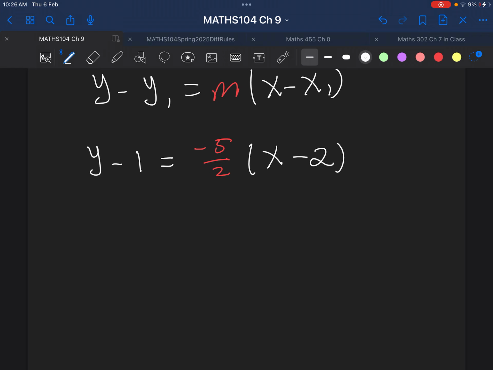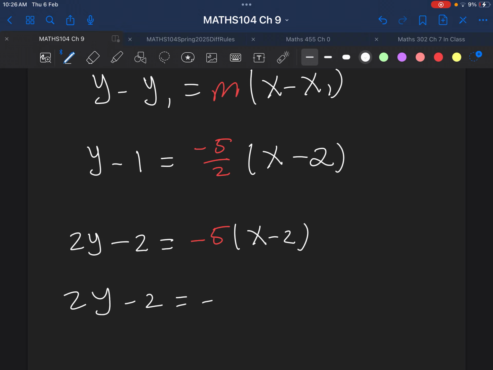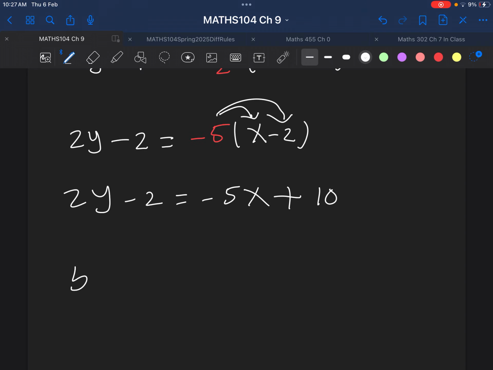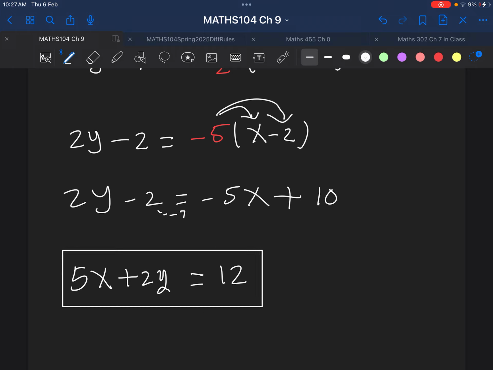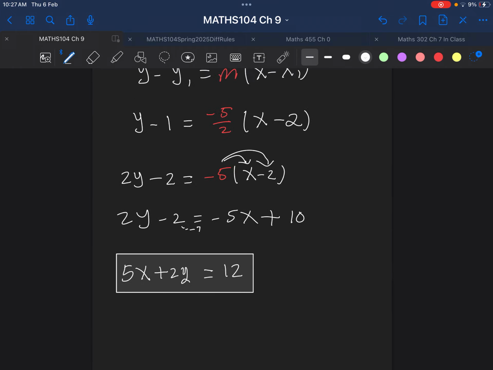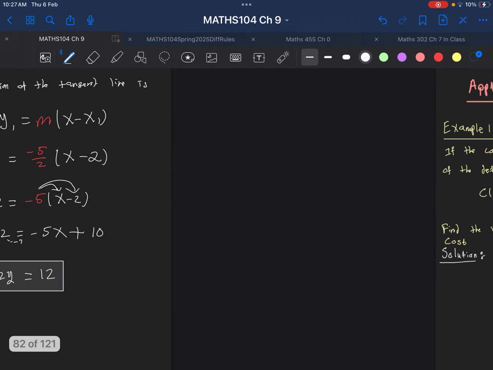Now the best way to deal with this is to multiply everything by 2, so we get 2y minus 2 equals minus 5 times x minus 2. Take the minus 5 inside, you get minus 5x plus 10. And finally, take 5x to the other side with the y and keep the number on the other side. So move this one to the other side, it will be plus 12, and that's the equation of the tangent.